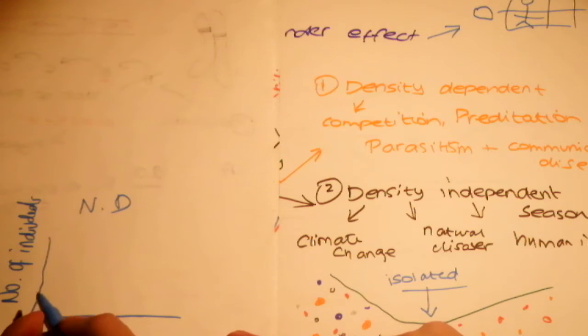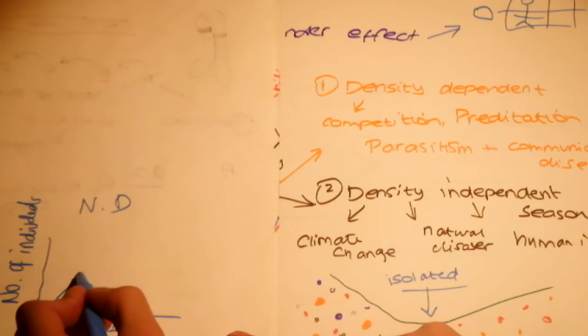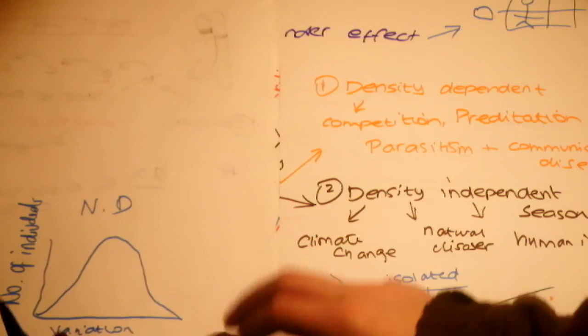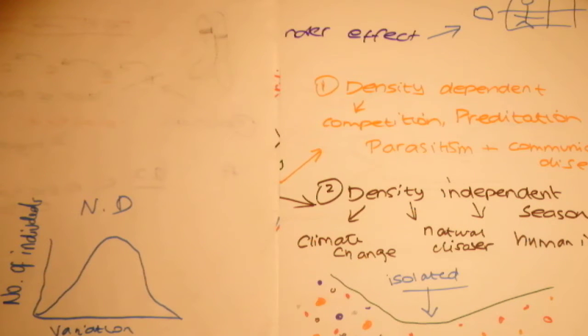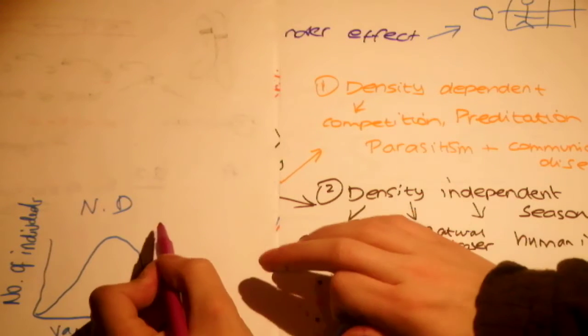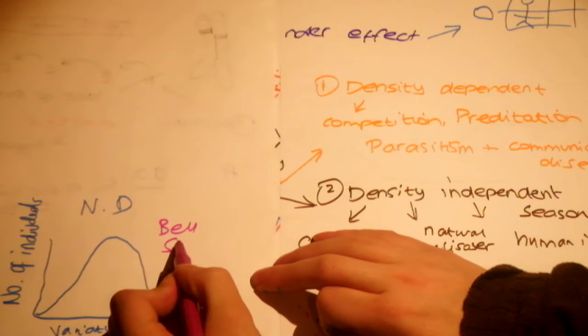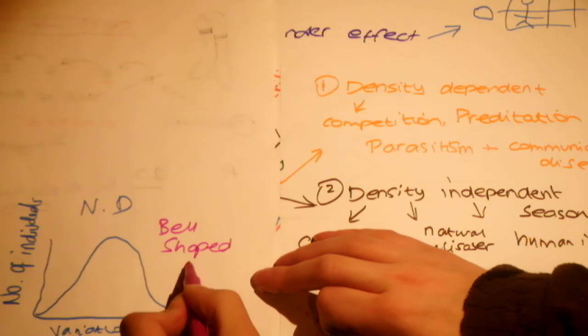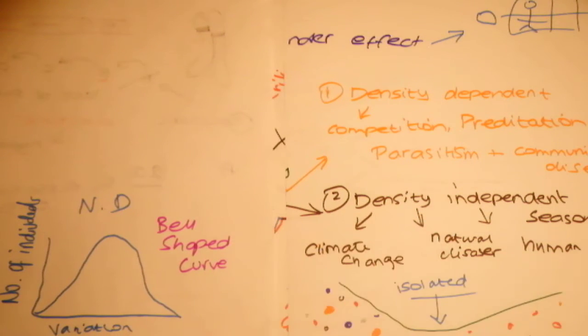A normal distribution will commonly be seen like that. This is called a bell-shaped curve, as you can see from the shape of it. It looks like this, about. So this is a normal distribution.